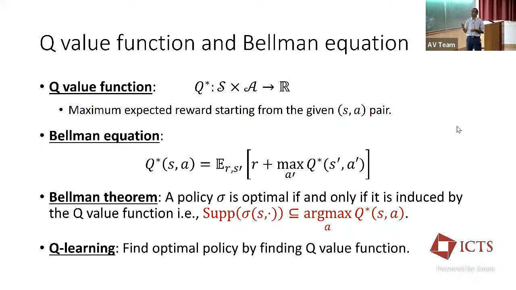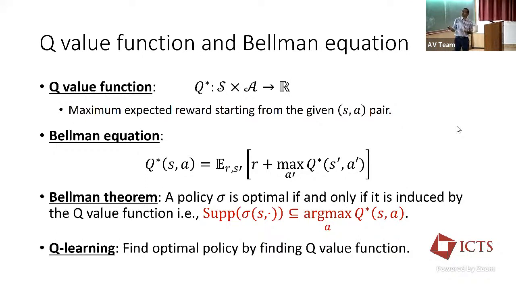That is, if the distribution that you're getting has its support in the argmax of this, then only you have an optimal policy. Otherwise, you cannot have an optimal policy. So this Bellman theorem essentially says that if you can estimate the Q value function optimally, you can read out an optimal policy from it very trivially. Right? So the main goal is to find this Q value function.